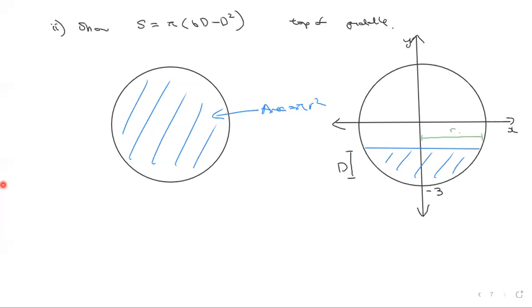If you find that radius r, then pi r squared will do it. So r clearly depends on d, because if d is 0, there is no radius, there is no water. And if d is 3, then it will just equal 3, because it's the radius of the circle.